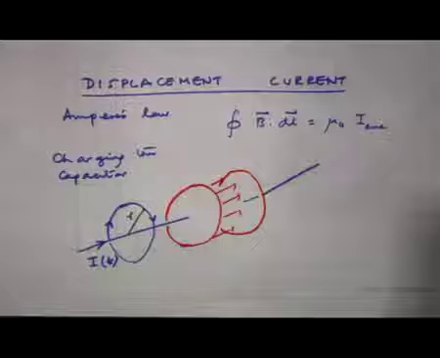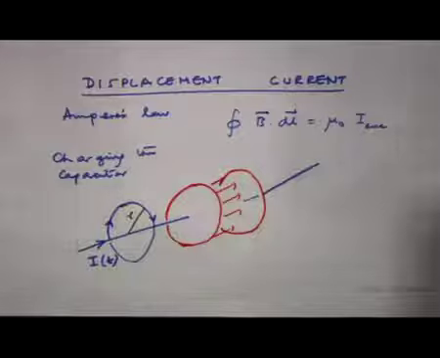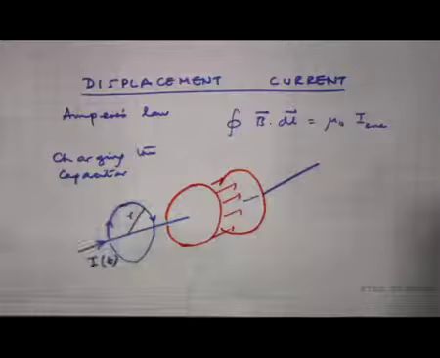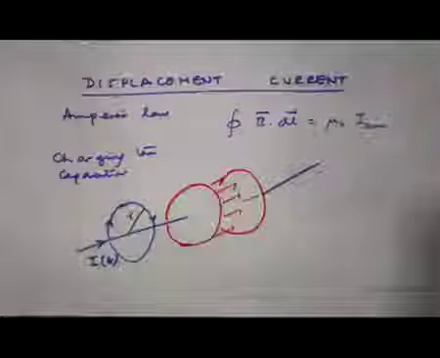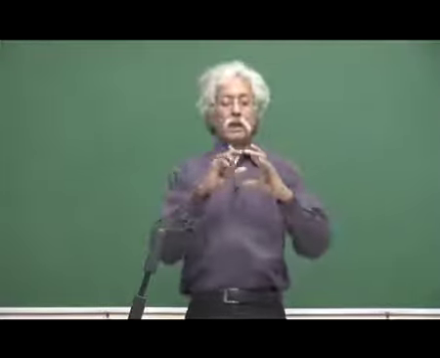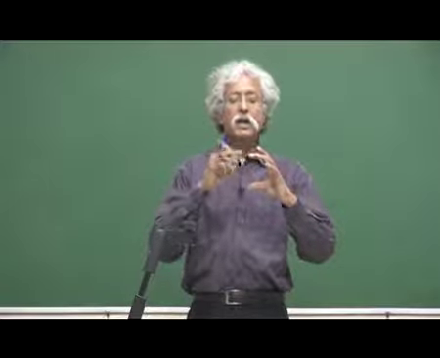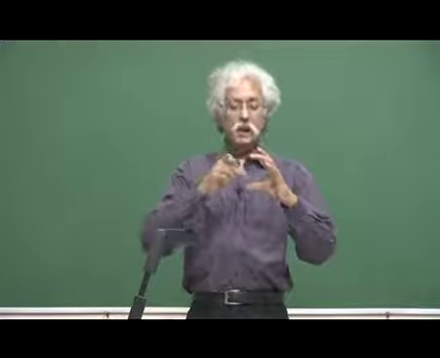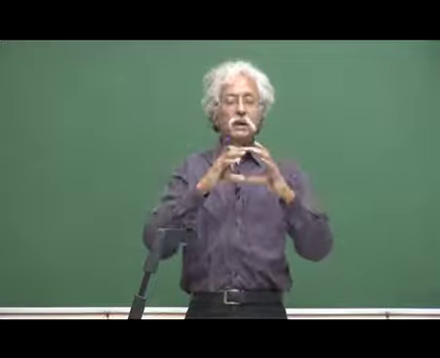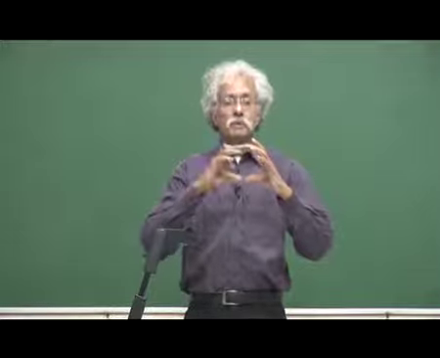Now, what is the current enclosed? The current enclosed is determined by this: I must draw a surface for which this particular loop is the boundary, and the current enclosed is the current crossing this surface. So, given a loop of integration, I must draw a surface with this loop as the boundary.